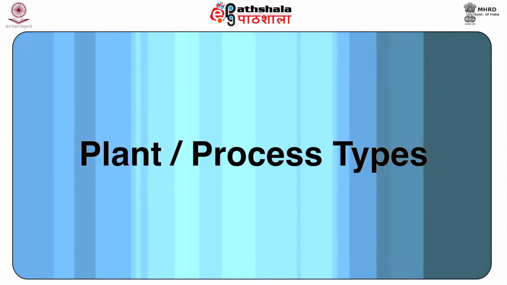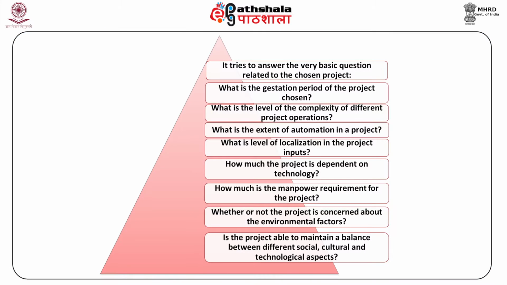Plant or process types. It tries to answer the very basic questions related to the chosen project. That is, what is the gestation period of the project chosen? What is the level of complexity of different project operations? What is the extent of automation in a project? What is the level of localization in the project inputs?